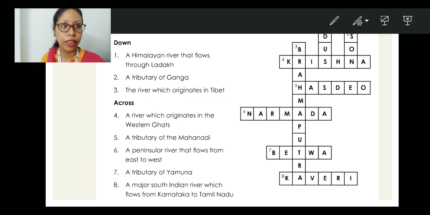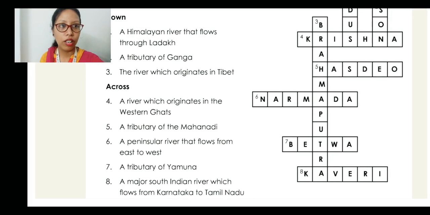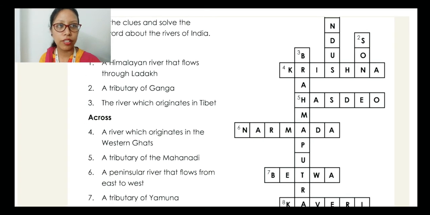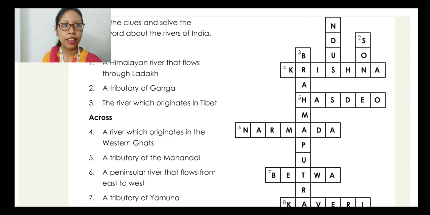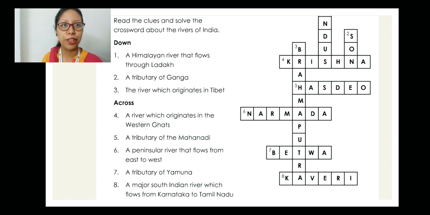Okay, the answer is Indus, I-N-D-U-S. Then a tributary of Brahmaputra. We already know that the tributary of Brahmaputra is Son, S-O-N. Then the river which originates in Tibet, that is the Brahmaputra.